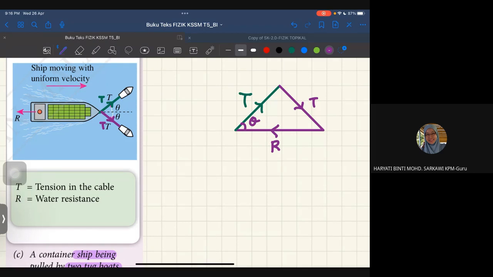What about this angle? What angle will be here? To the horizontal, this angle is actually the same as this angle here.